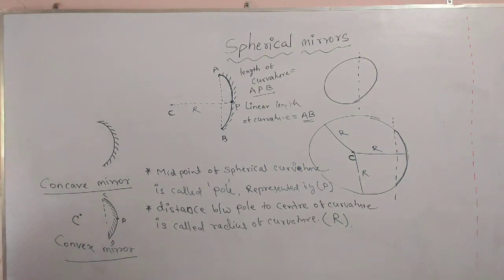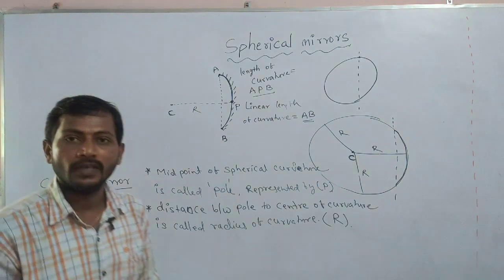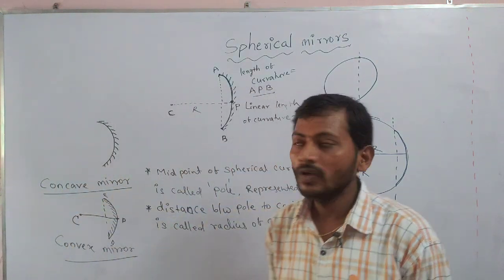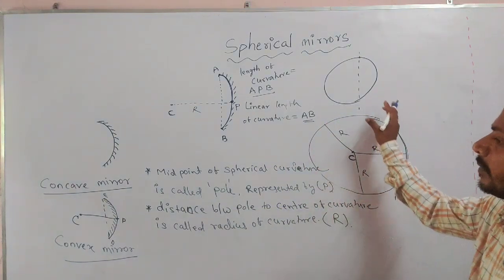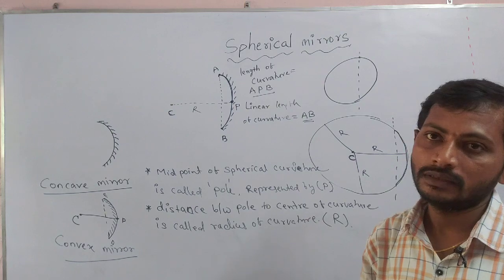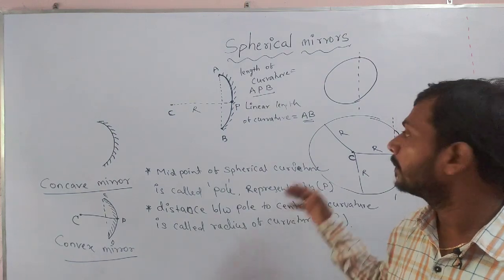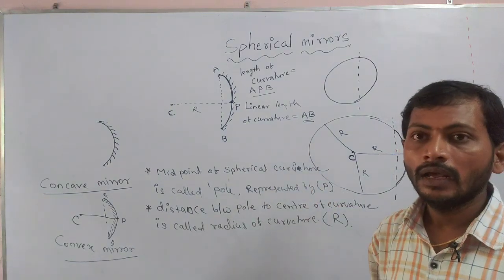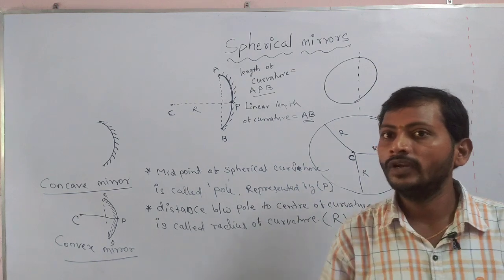Then this is the center of the curvature. Then if you get confused, I am going to give E here. Then C is the center of curvature. This is called what, Nana? Radius of curvature. Is it clear for you? So this is some terminology about spherical mirrors. More terms are there, and I will give them in the next video.